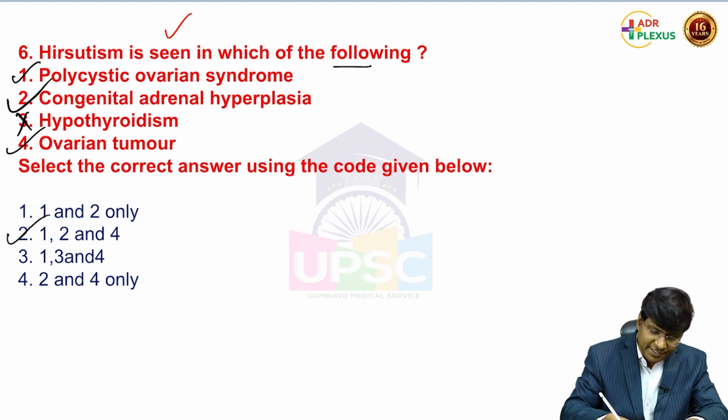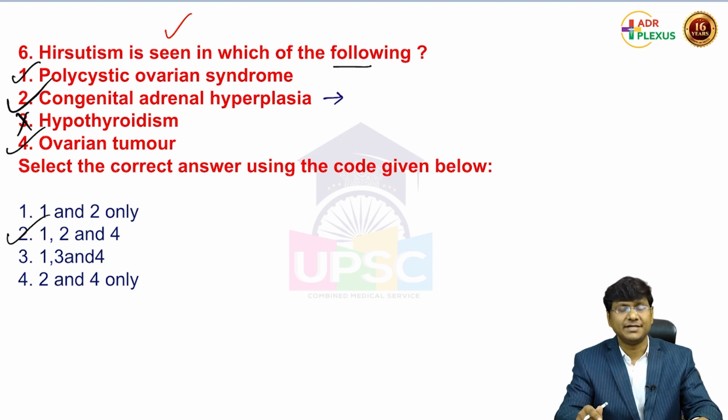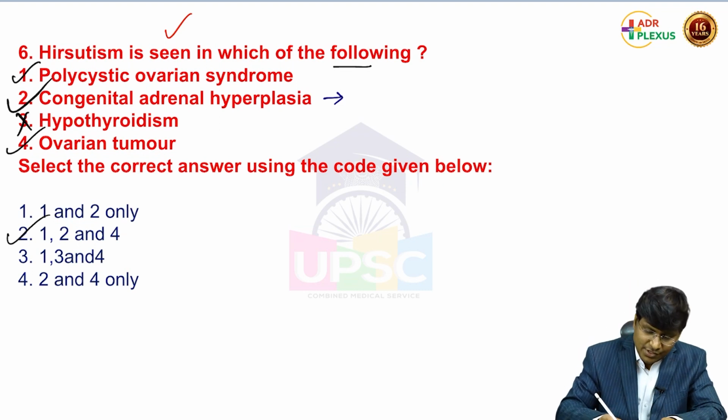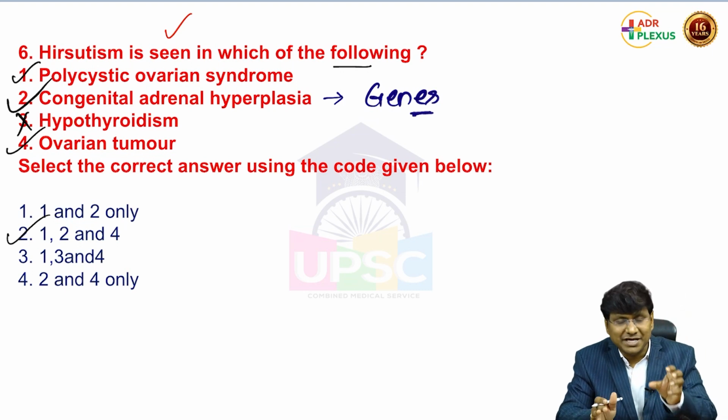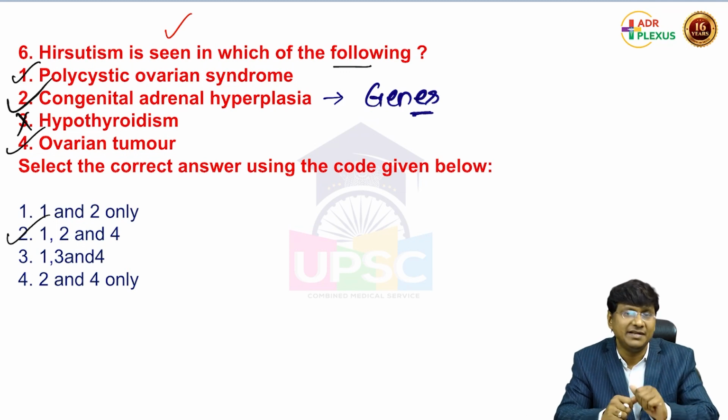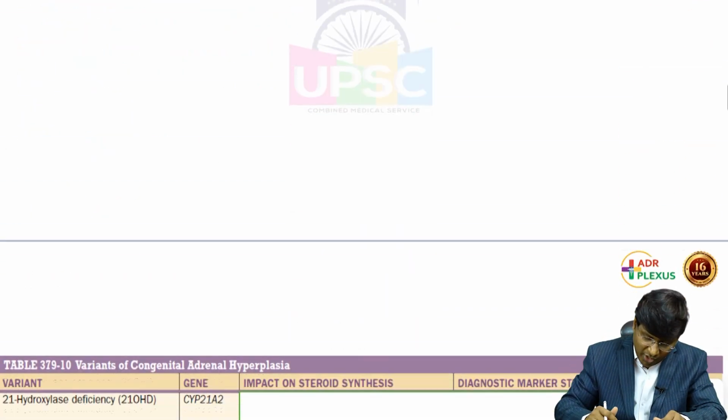Now let me discuss a few points about congenital adrenal hyperplasia. Congenital adrenal hyperplasia is caused by mutation in genes encoding steroidogenic enzymes. The genes which encode the steroidogenic enzymes are defective.